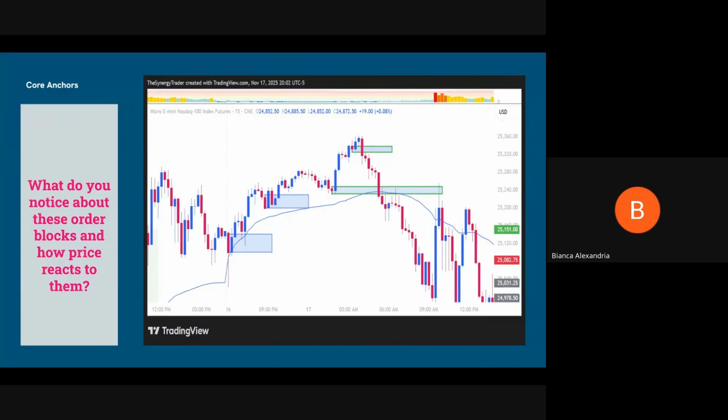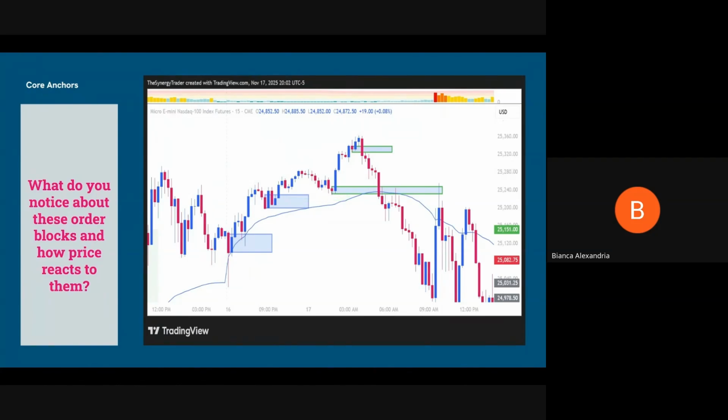So we see that price has a low, then a high, then a higher low, and then a higher high, and a higher low, and then a higher high, and then price comes back and it breaks this level. Oh my goodness, that just disappeared. It breaks that level.